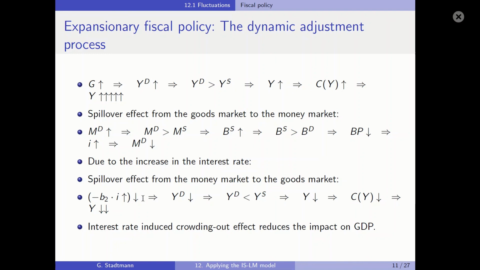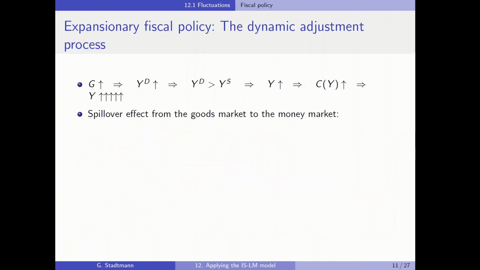We call this effect the interest rate induced crowding out effect, which reduces the effectiveness of fiscal policy on GDP. This is also mentioned in the textbook.